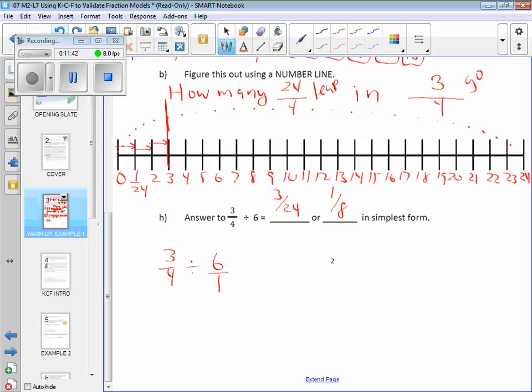Keep. When we say keep, it means we keep 3/4. Everybody say change. When we say change, we're changing division to multiplication. Everybody say flip. Flip means you're taking the reciprocal of 6/1, which is 1/6. And you get 3/24, which reduces to 1/8, and it takes a lot less time.